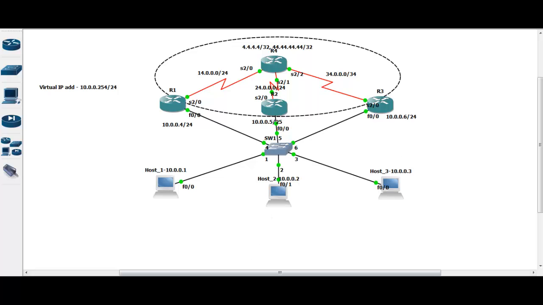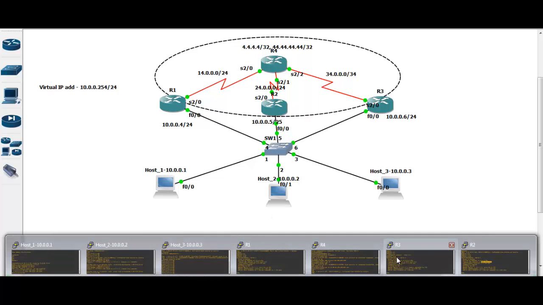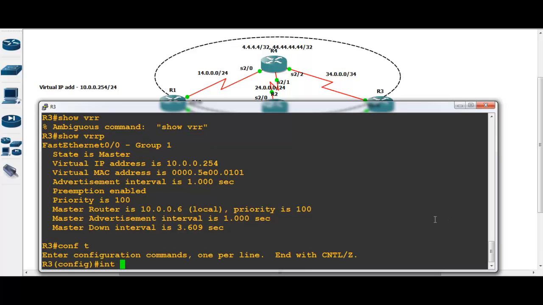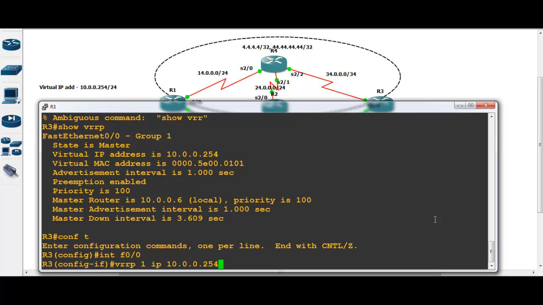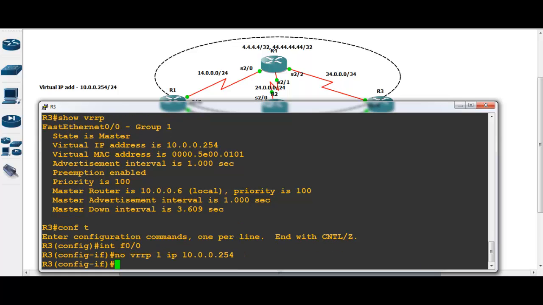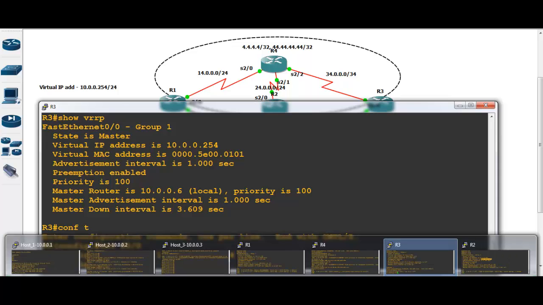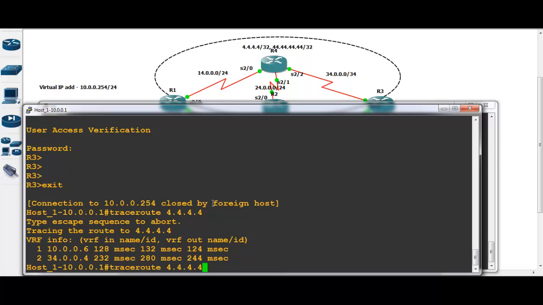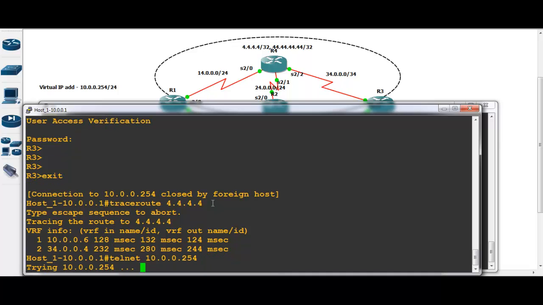Let's quickly verify that. On R3, I'm going to shut down the interface. Fast Ethernet 0/0. I'll just cancel the VRRP command. Now what happens when I trace route from here? It will start going via router 5 automatically. Let me telnet first.